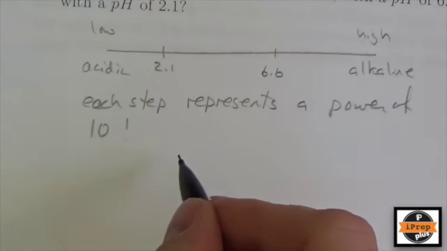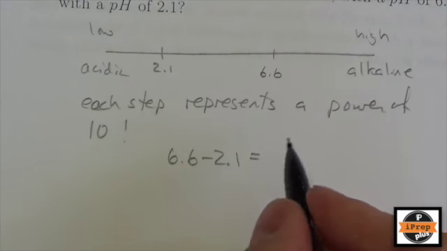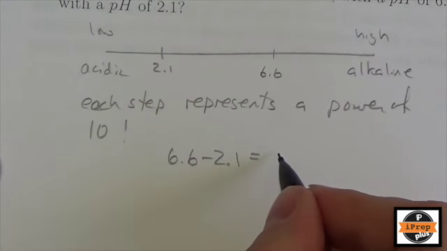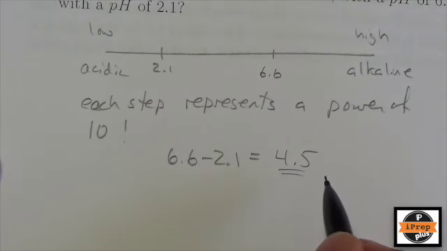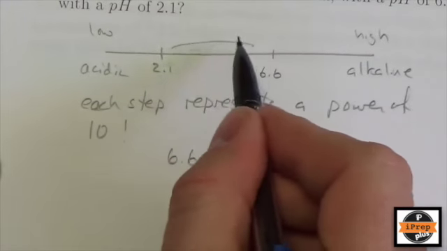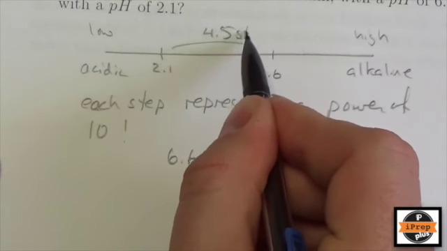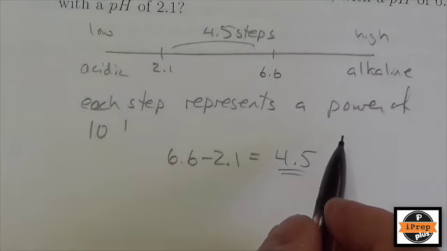So I'm going to get 6.6 minus 2.1. What do you get when you do that? Well, I get 4.5. So there are 4.5 steps to go from here to here. This is a jump of 4.5 steps, and each one of those refers to a power of 10 in terms of alkalinity.